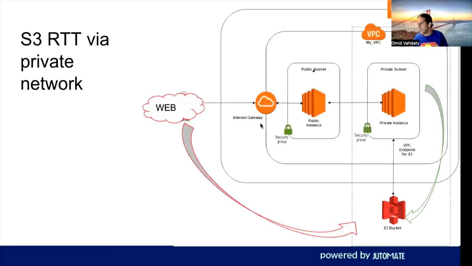If you are using the S3 endpoint, you have RTT from the private network back and forth to your private instance, which makes it faster, rather than using the web. Naturally, RTT on a private network will be more secure and faster.